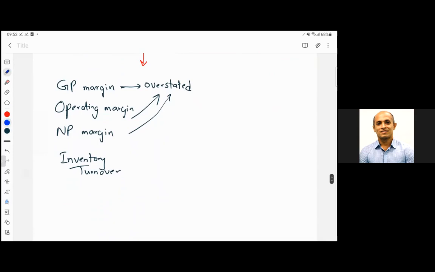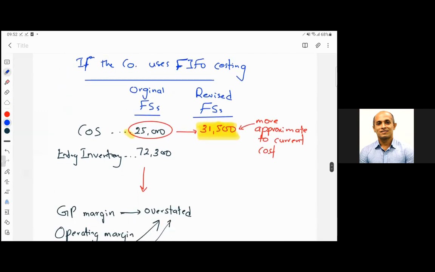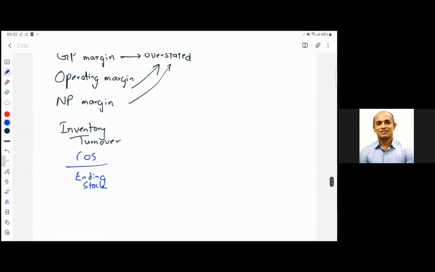How do you calculate inventory turnover? Cost of sales divided by ending inventory. Now we are in the FIFO method. In the FIFO method, cost of sales is at old prices and inventory at current price.